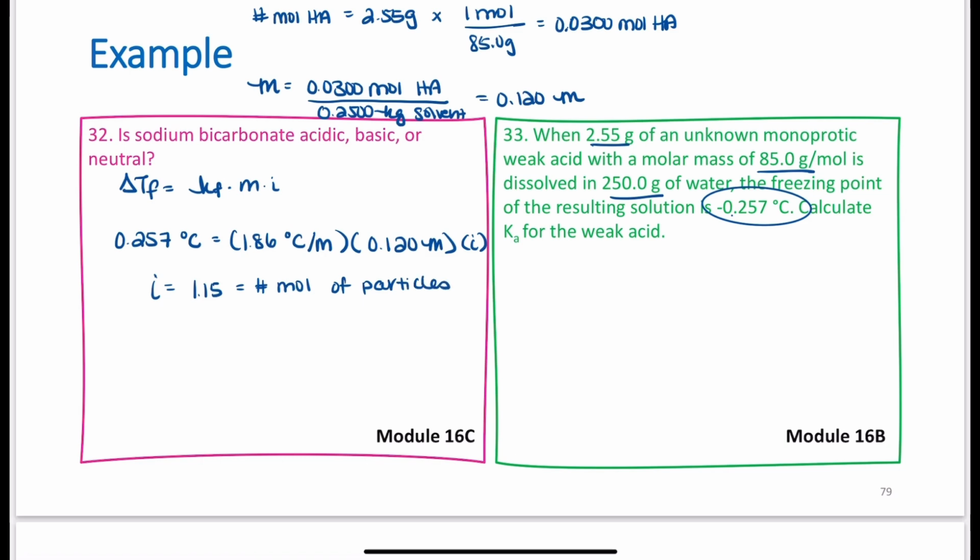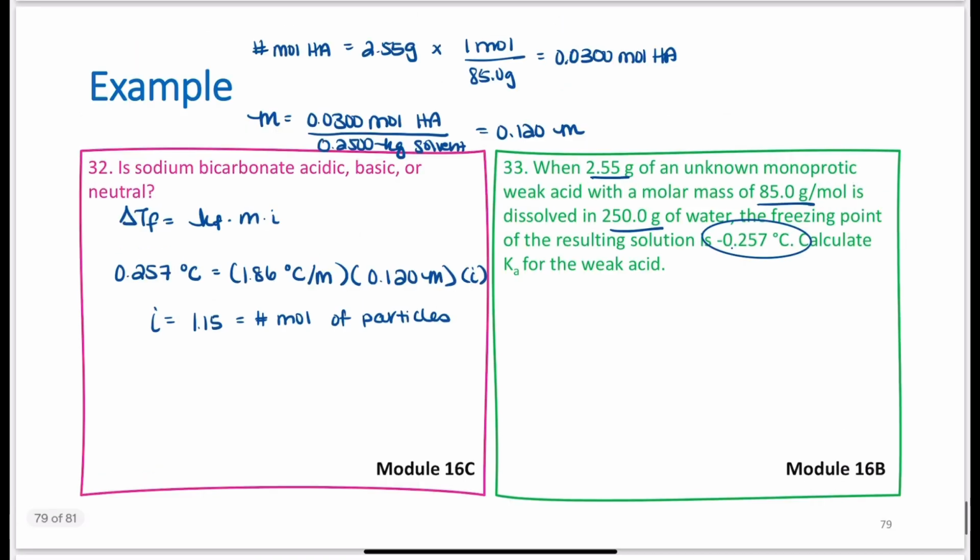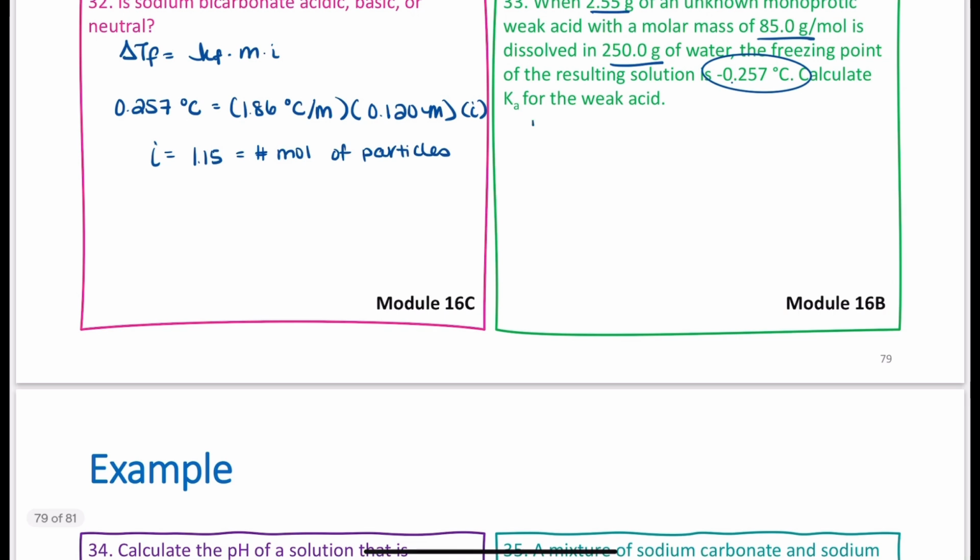So I need the Ka. Okay, well, how am I going to figure that out? I'm going to go ahead and set up a RICE chart somewhere. Let's do it over here. I know HA in solution reacts with water to form H3O plus and A minus.